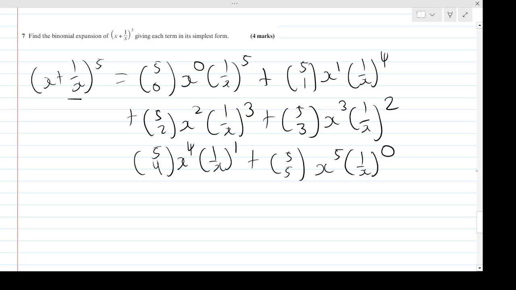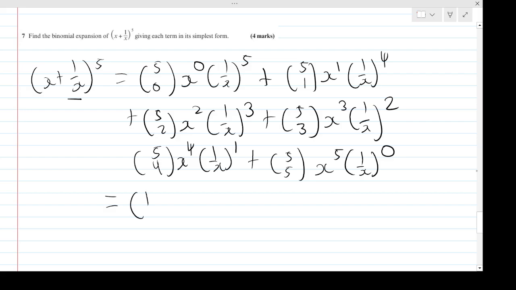Okay, cool. So now we just need to put all this in the calculator. Now it won't be as easy to put it in the calculator, because we've got loads of x's, right? Obviously unknowns, the calculator doesn't deal with algebra in that way. So let me just put the coefficients in the calculator. So 5 choose 0 is 1. Well, x to the 0 is just 1 as well.